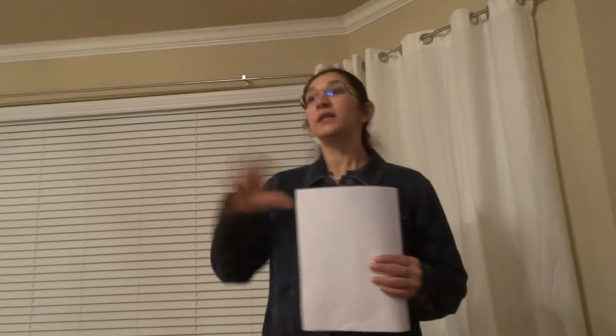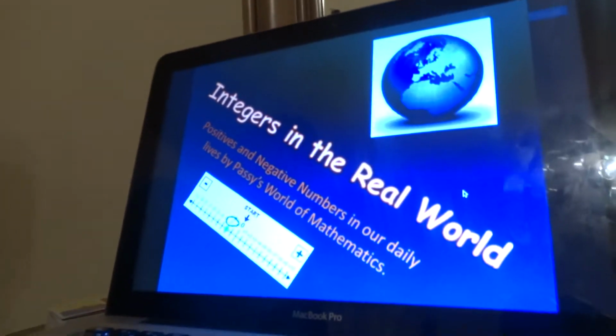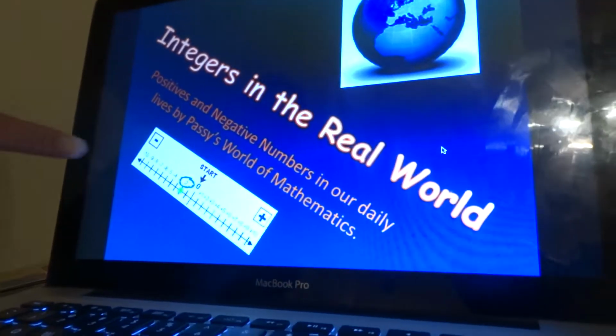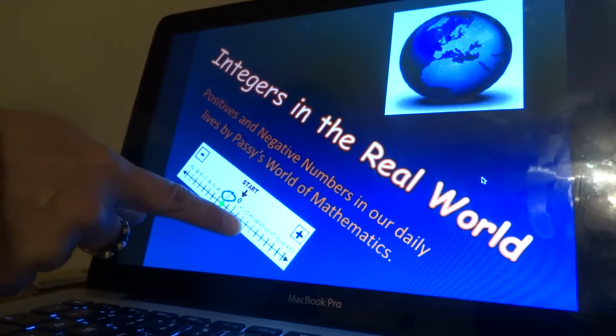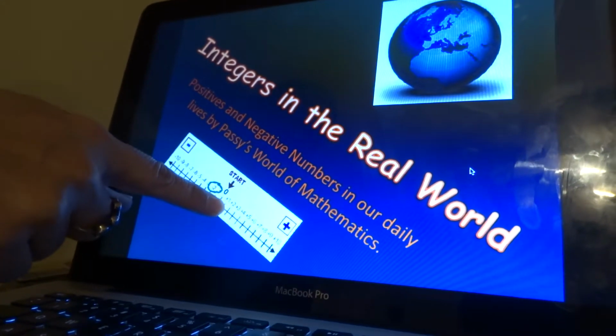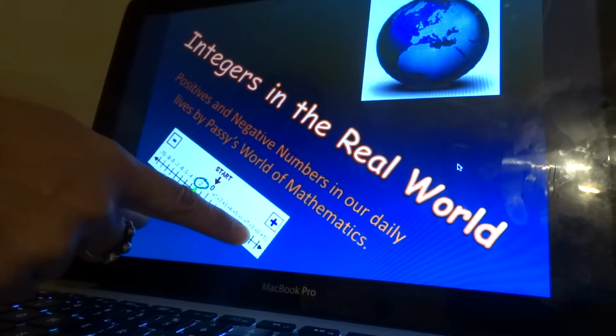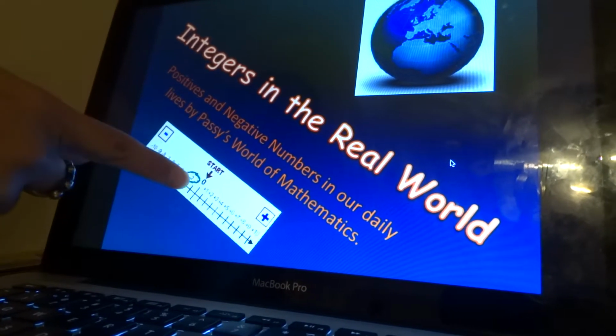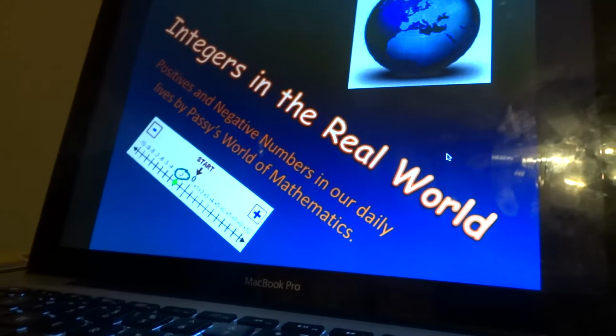All the larger numbers are on the right side of a number line. Similarly, we can also represent integers on a number line. That is what they have discussed here in the slide also. The number line they have shown here represents the positive and negative numbers. So this is 0. On the right hand side they have shown positive numbers, and on the left hand side these are negative numbers.